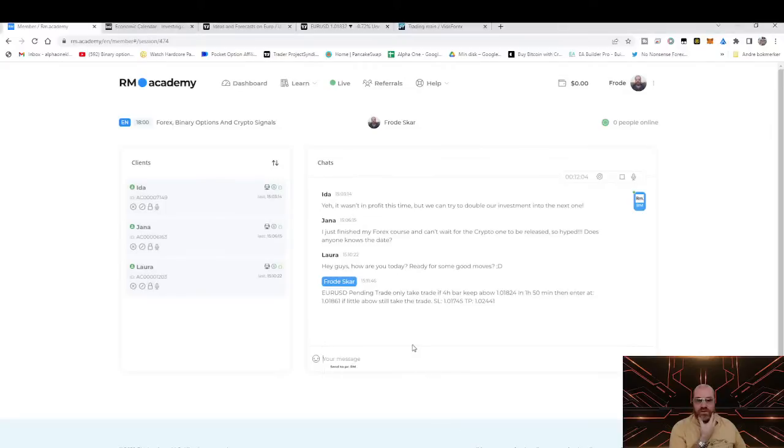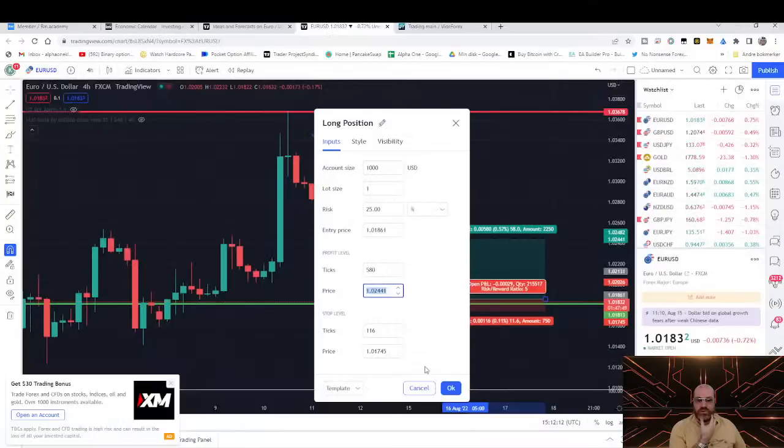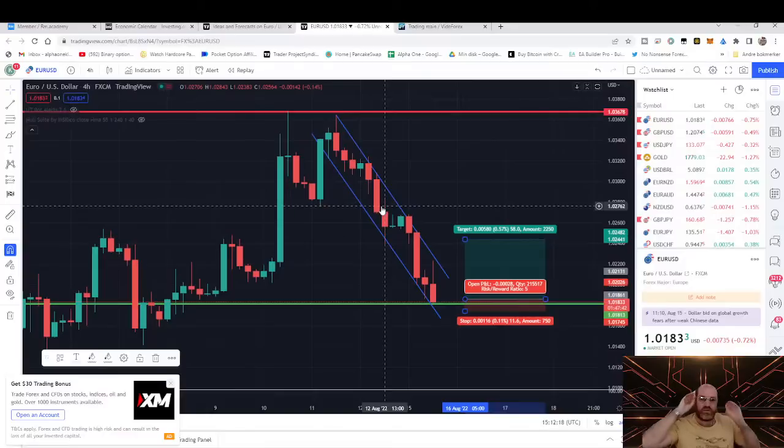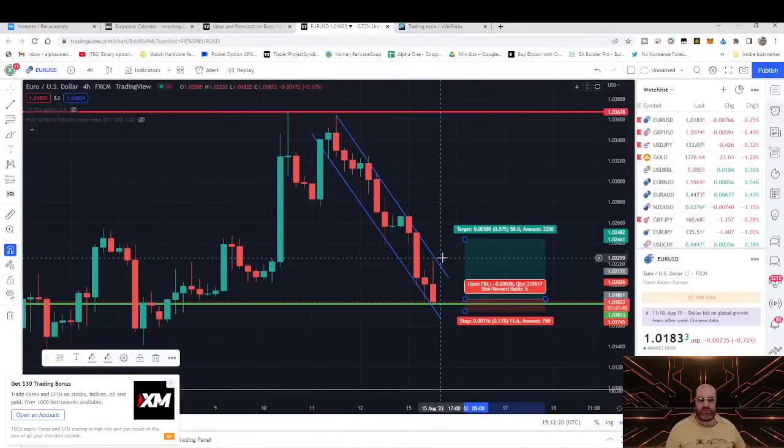I think that's a nice trade to start with. Of course, we are going a little against the trend, because you can see this trend is also valid on the 4 hour. But I think this support line here is pretty strong. Of course, we need to see now if this one will hold. If it holds, I think this will be a very nice trade for us to take.